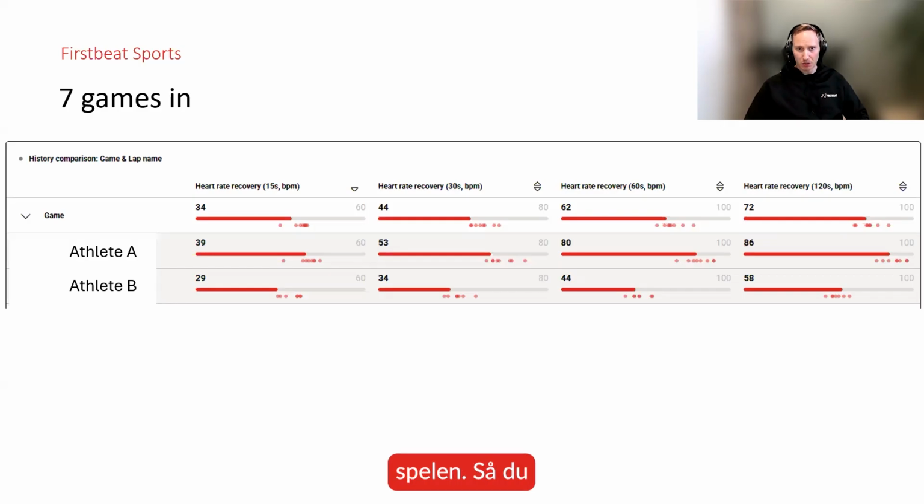So you know these based on the dots underneath the chart. So 80 is the last value recorded in a game, and then the dots underneath the chart represent the history values for each athlete.